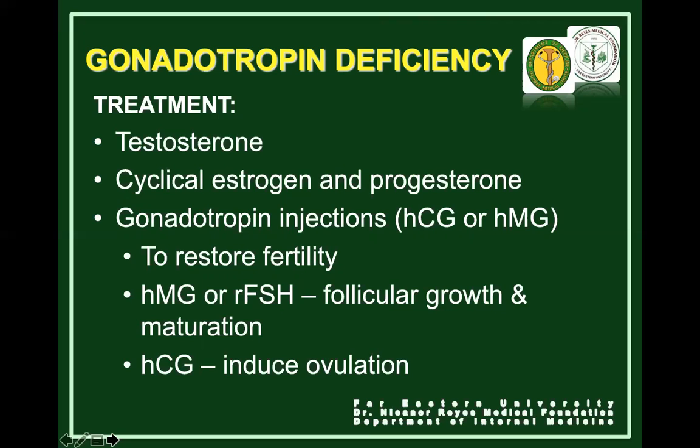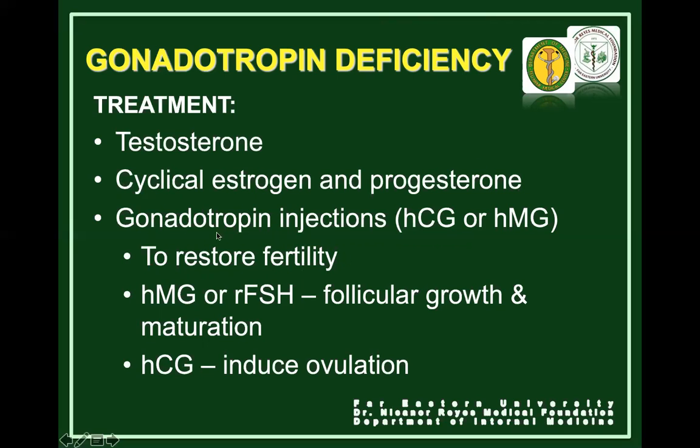Those are probably your end goals, because if the target organ has already atrophied and is very deficient, then you might not be able to salvage the reproductive capacity of the patient. So for males, you will just replace testosterone. If the uterus is intact and you think that the patient can still menstruate, then you give cyclical estrogen and progesterone.